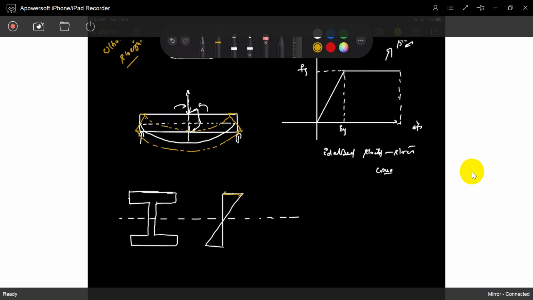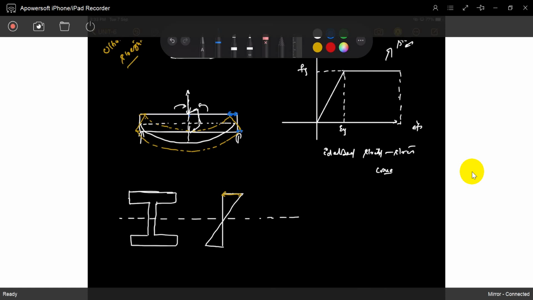This is the compressive strain. This is the strain applied on the section, and we take it as uniform. So the elements on that section are compressed, and the bottom is expanding.